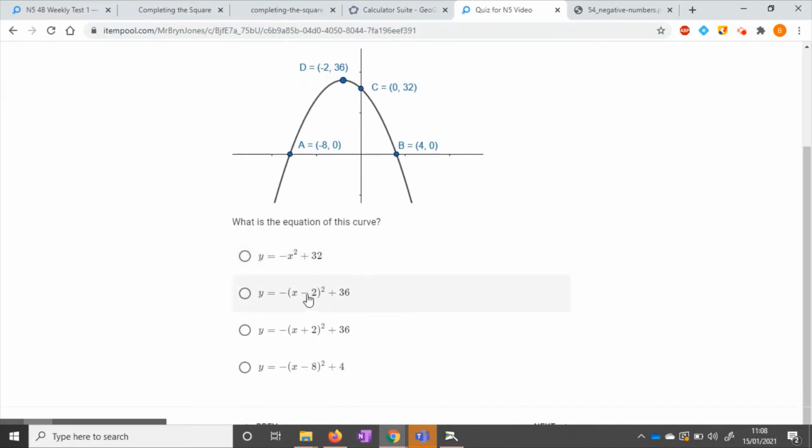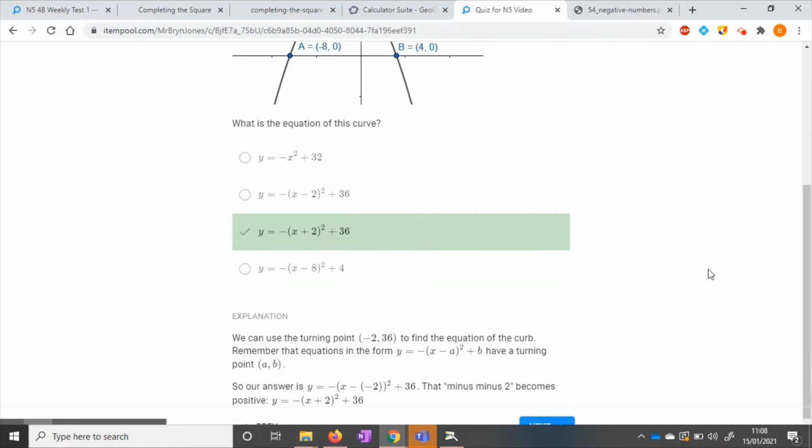If it was minus 2, that would suggest that the turning point was somewhere here, where x was 2. So it's going to be this one here. It's going to be x plus 2 squared plus 36, because the 36 is telling us this, and the 2 is telling us that this is a -2. And again, if we check that's correct, we'll see that we're right there.